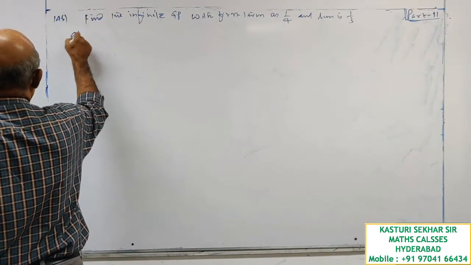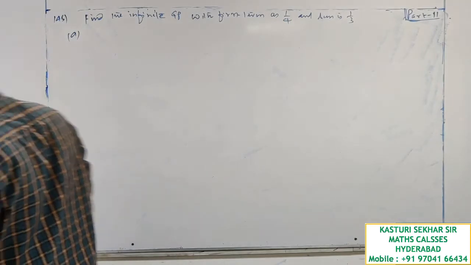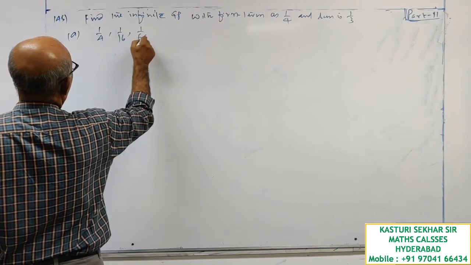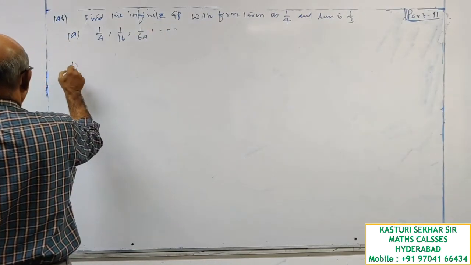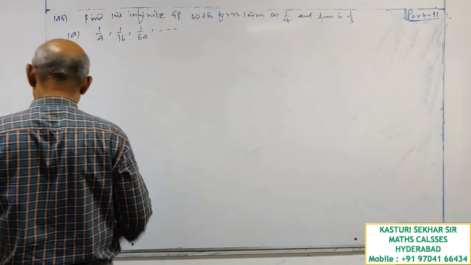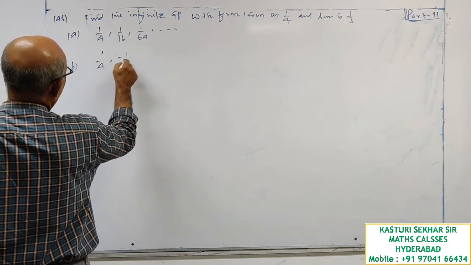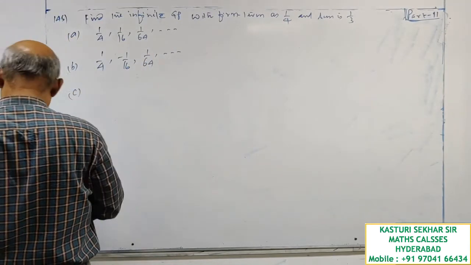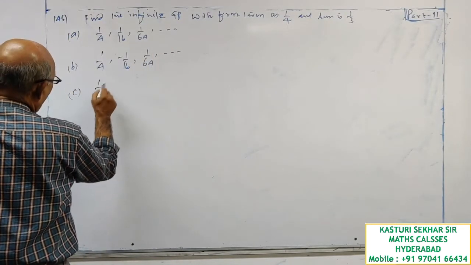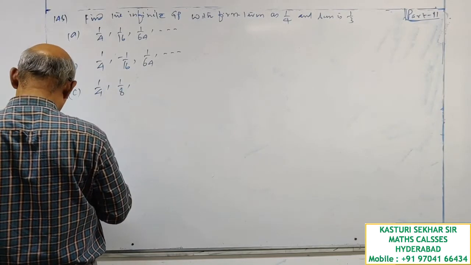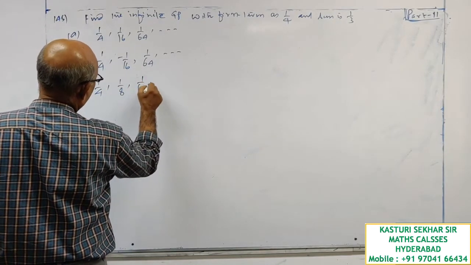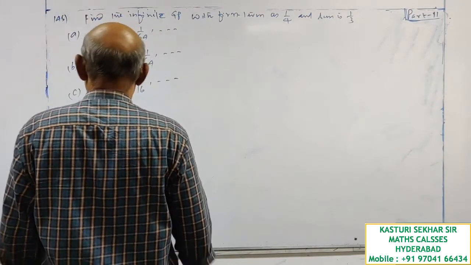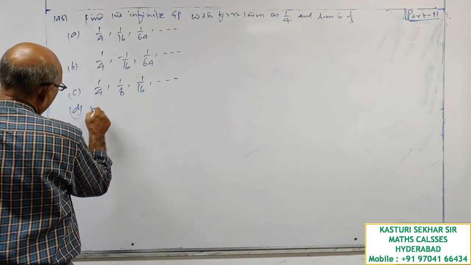Now let us take the help of options, sir. Option A: 1 by 4, 1 by 16, 1 by 64, etc. Option B: 1 by 4 minus 1 by 16, 1 by 64, etc. Option C: 1 by 4, 1 by 8, 1 by 16, etc. Option D, none of this.